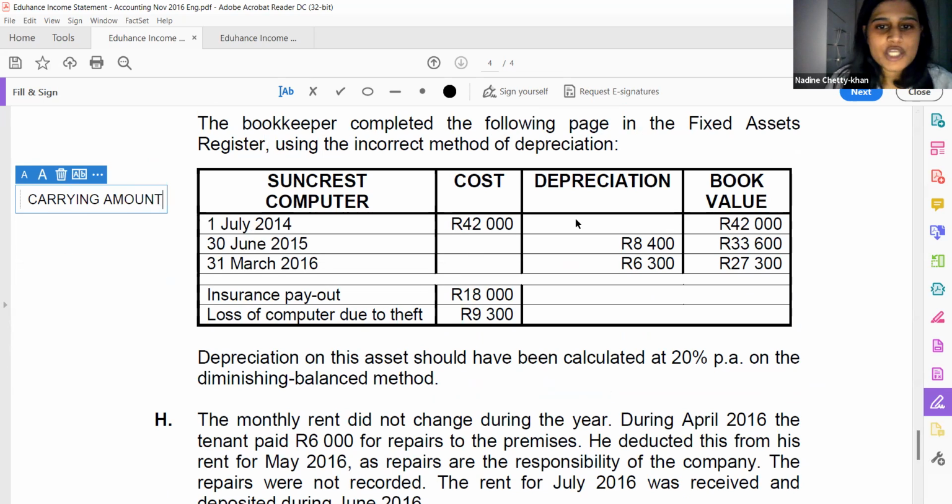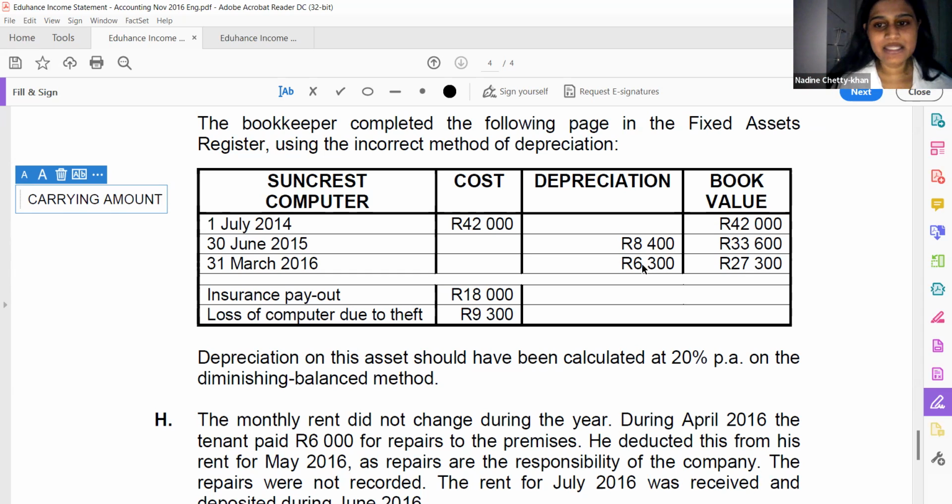For the first year's depreciation of 8,400, you would have applied it to the whole 42,000 because it was the first year we bought the asset, so cost will be the carrying amount. So this 8,400 is correct, even though it was based on cost, because in the first year cost is the same thing as carrying amount, so it's fine.